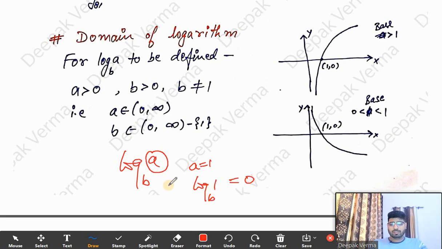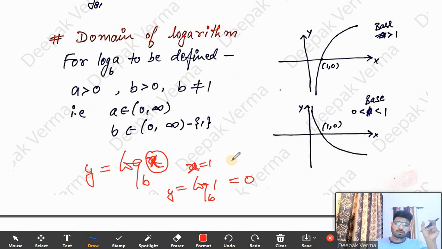That is, the outcome is 0. This is something like y equals this. In place of a, we can write x if you are more comfortable with x. If we put x equals 1, we get log 1. So the value of log 1, whatever the base is, we always get outcome 0. Therefore this point is (1, 0). This point is again (1, 0).